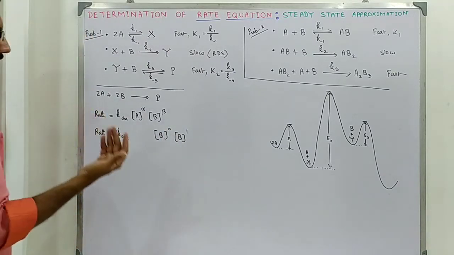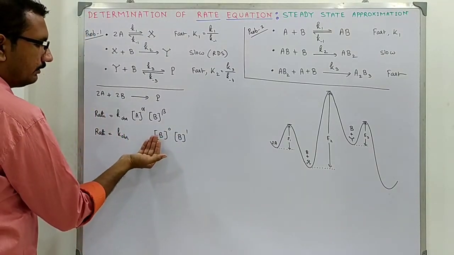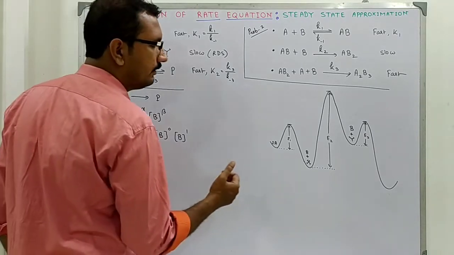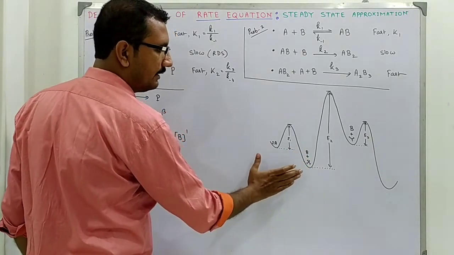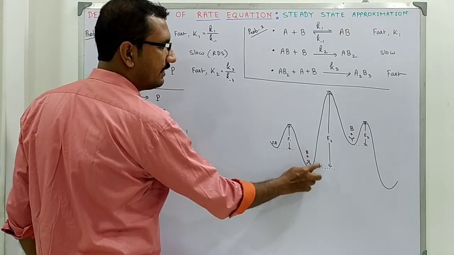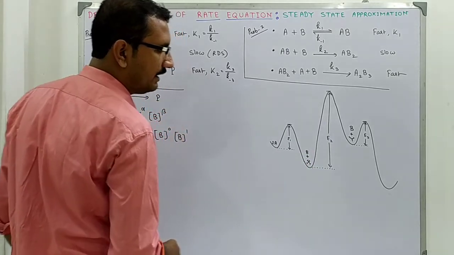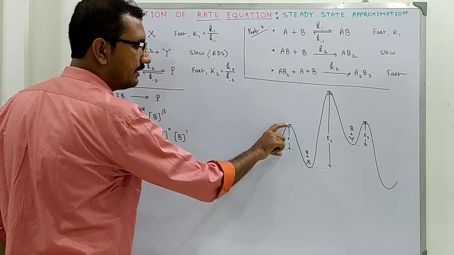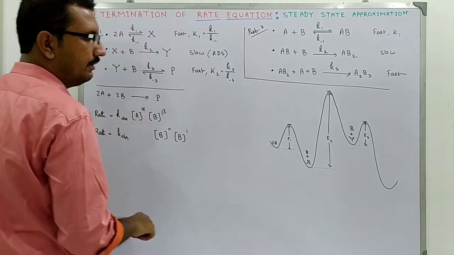Now what about the contribution of the reactant A? This reaction rate will depend on X, since X appears in the rate determining step. Now this is a very fast step since it has a very low activation energy.